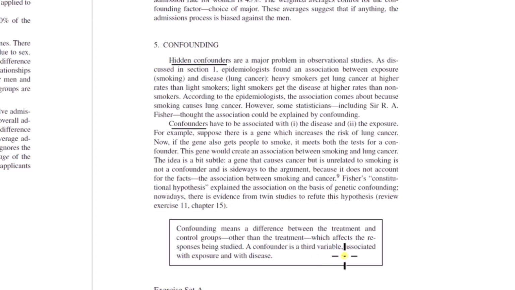It's a third variable associated with exposure and with disease. These lower income students are just as exposed, we're dealing with children, to the disease. They're taking from these high polio rate areas, and they're more immune to the disease. Okay, so that's observational studies.